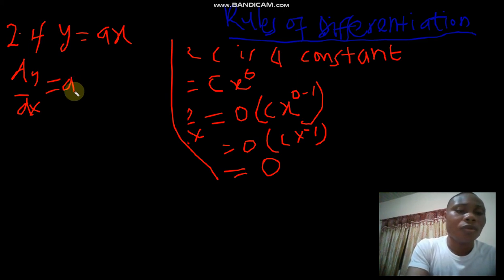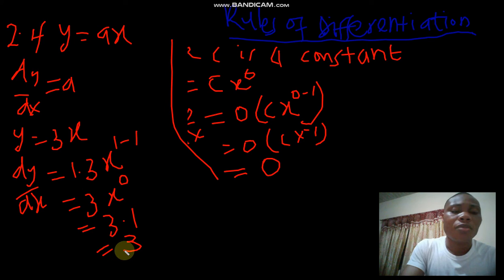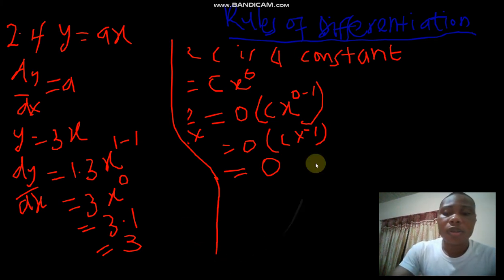So, for example, if I have y equal to 3x, then dy/dx will just be 1 times 3 x to the power 1 minus 1, and that will give me 3 x to the power 0. Anything to the power 0 is 1, so 3 times 1 will give me 3. Please, anytime I use the dot, it means multiplication. Alright, okay, so that is the second part I want to look at.